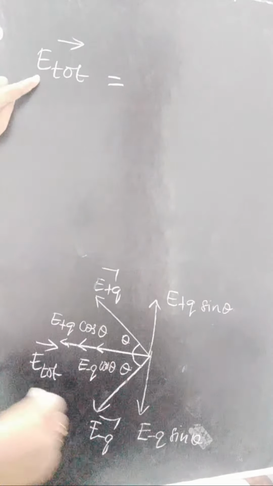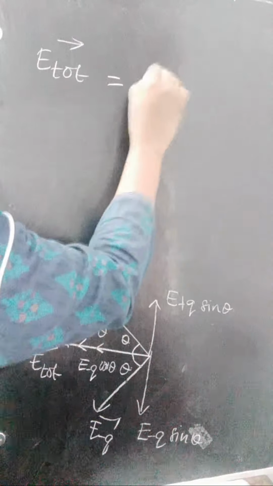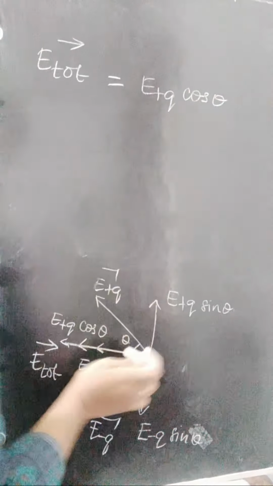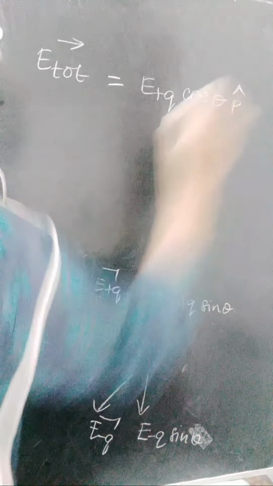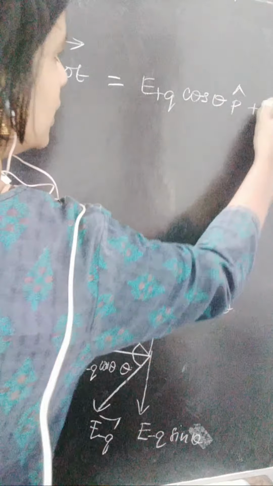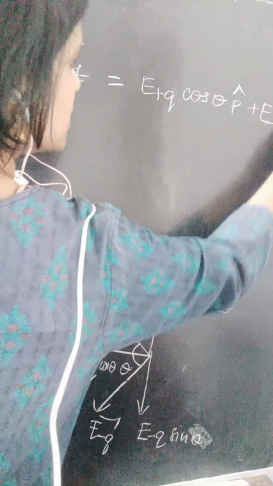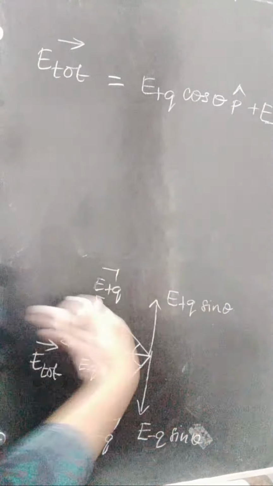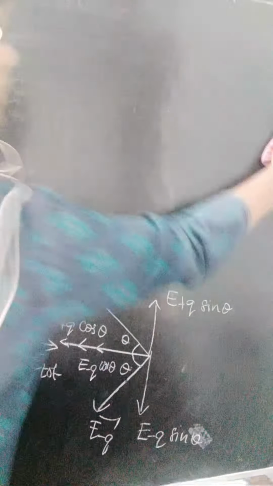So what will the E total vector be? E total will be E plus Q cos theta vector, as it is a dipole, you can take the dipole moment vector P cap, plus E minus Q cos theta into P cap, as both are lying towards the negative axis, multiply by minus. One second, I'll write in vectors itself.